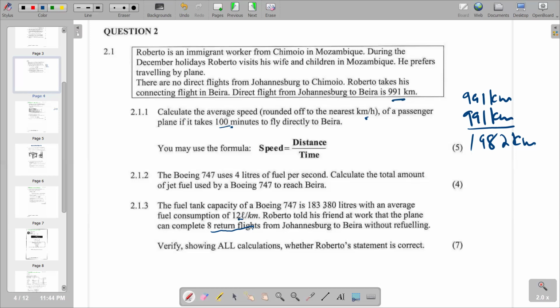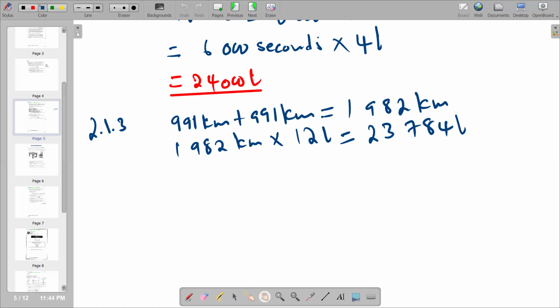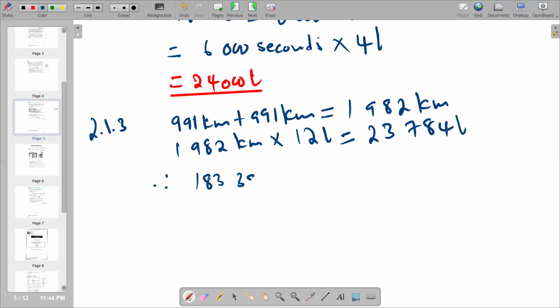So basically, we are saying 183,380, and then we divide by 23,784.